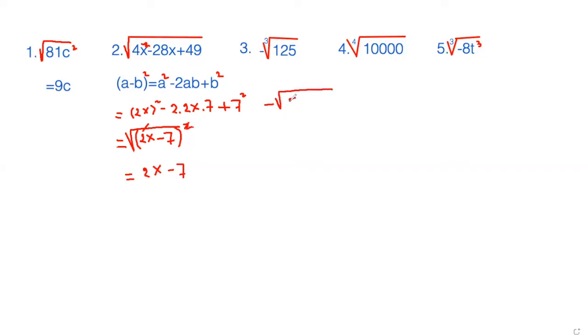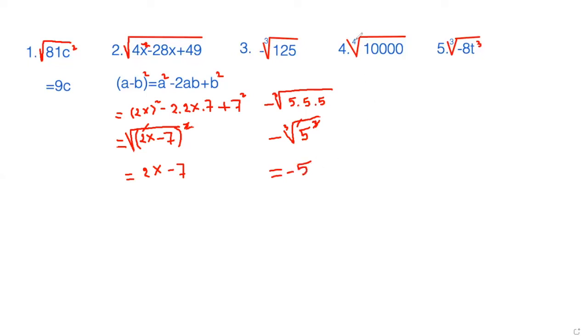You can write 5 times 5 times 5, and this is a cube root, so you have to put a little 3 here. So it's minus the cube root of 5 to the power 3. Again, this cube root and 3 cancel each other. So the answer is negative 5.